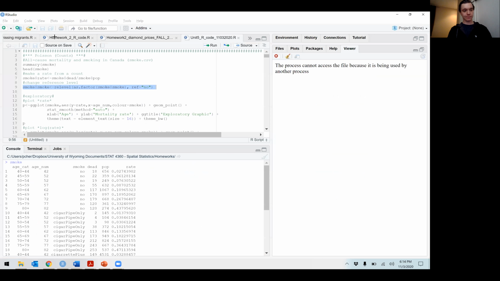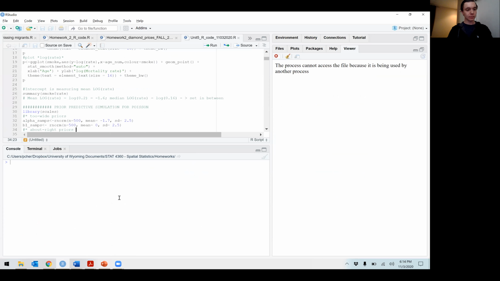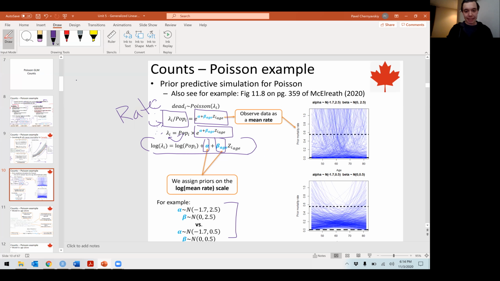Notice that I'll be using a centered and scaled age. And if I'm centering and scaling age, then this alpha just represents the mean.